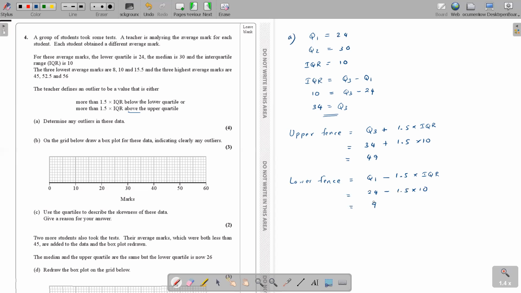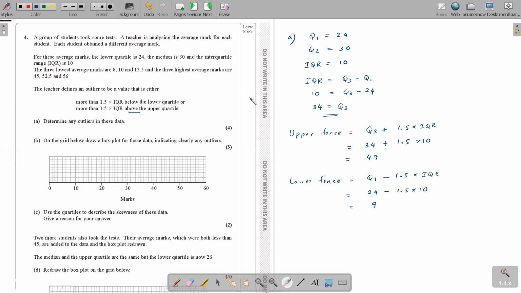Now, in this data set, they haven't given you the full data set, but they have given you the 3 lowest figures and the 3 highest figures. In the earlier past paper, I think they gave you the whole stem and leaf diagram, so the whole data set was available. But here they only give you the first 3 and the last 3. Middle values are not given.